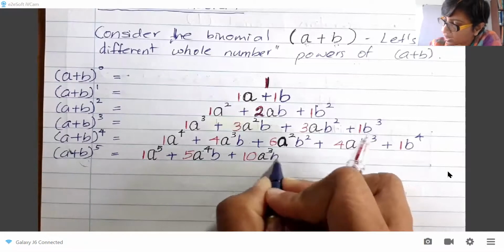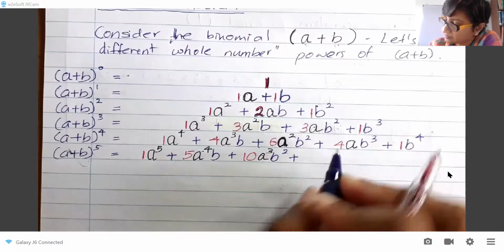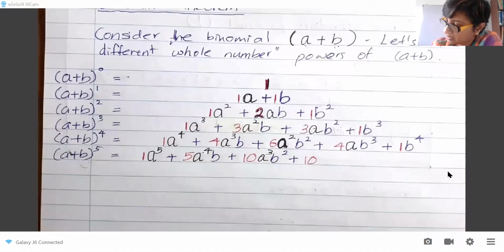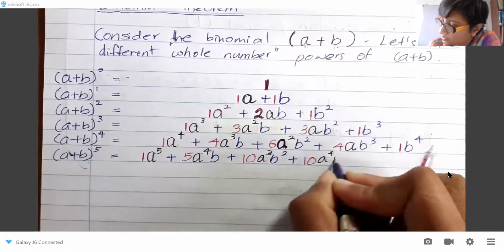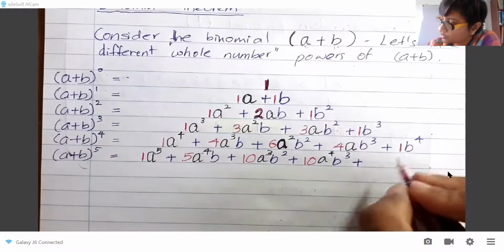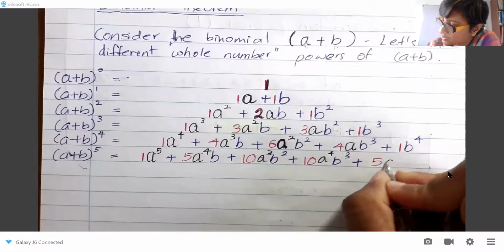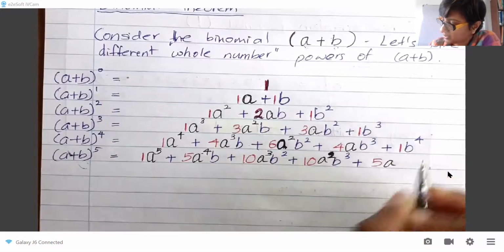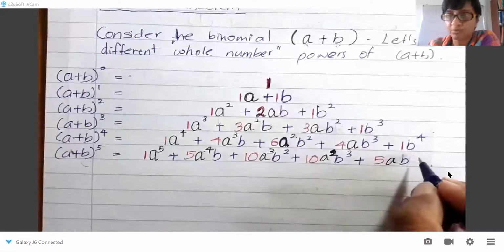Plus 10 a squared b cube, plus 5 a b to the power of 4.